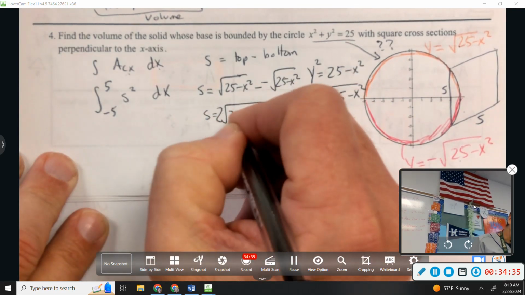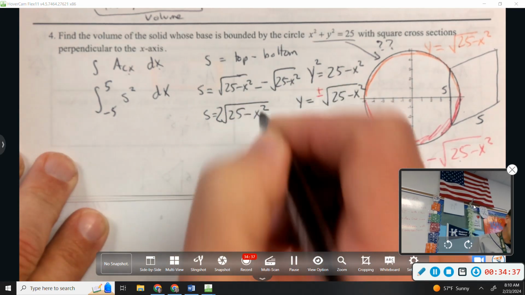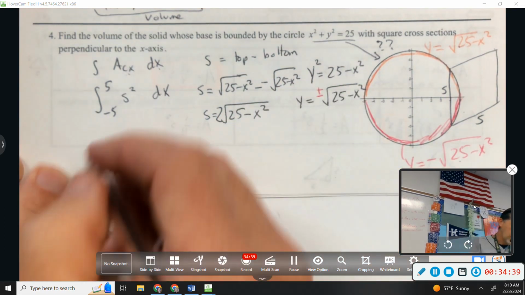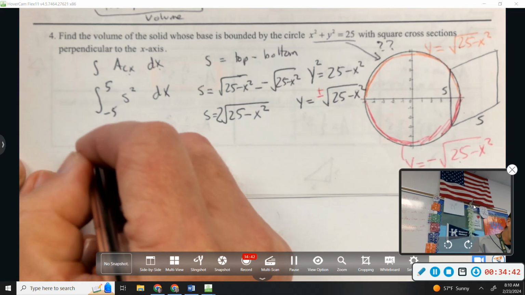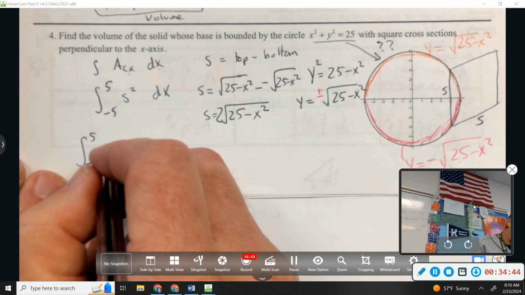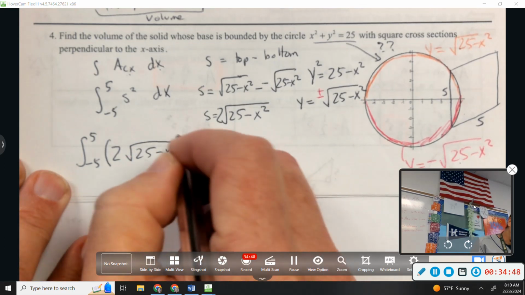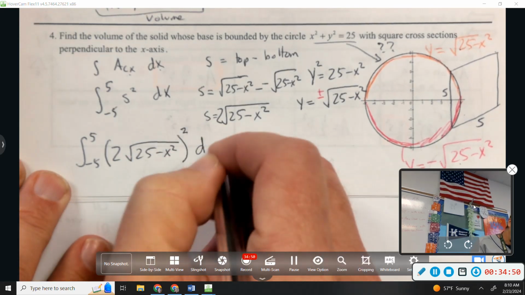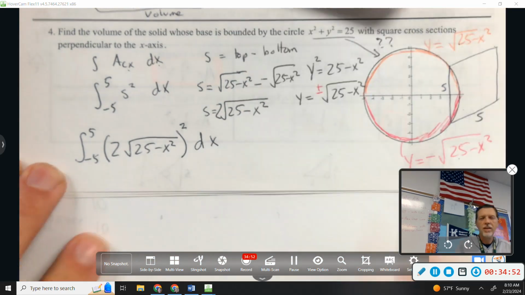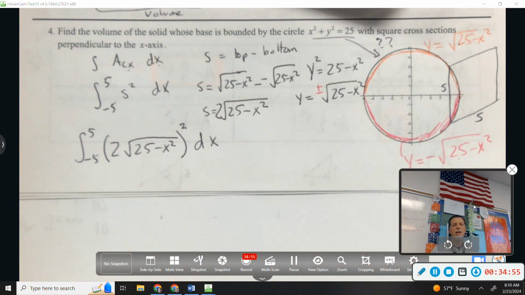So that means there's two of them, 25 minus x squared. Alright, negative 5 to 5, 2 square root 25 minus x squared, squared dx.